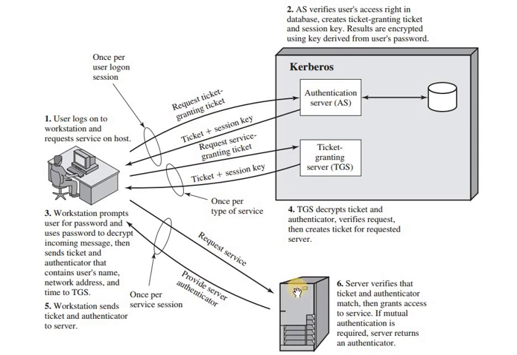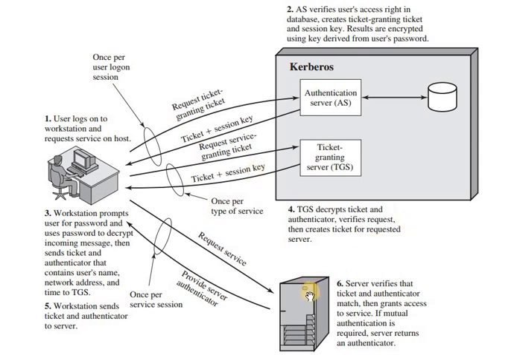After the TGS sends the service granting ticket and session key to the client, the client's workstation sends this ticket, the service granting ticket, and an authenticator to the server requesting service. Now the server verifies the ticket sent by the user and the authenticator, which was encrypted using the session key.